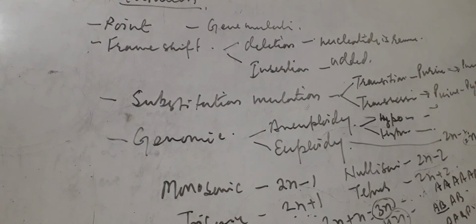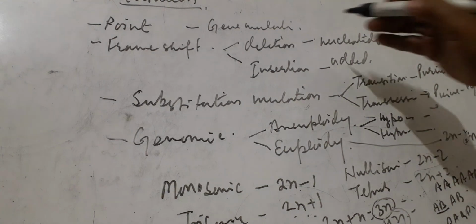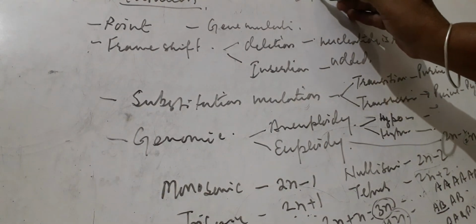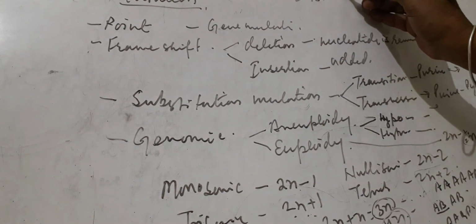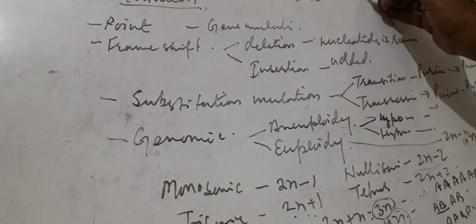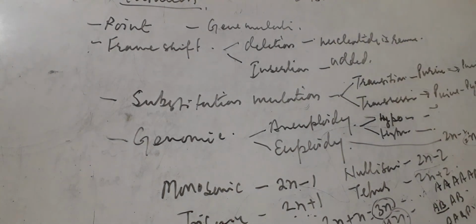They are agents for mutation, that is why they are called mutagens. Some names you have to learn: 5-bromouracil is a mutagen, nitrous acid, x-rays, ultraviolet rays, all radiations are harmful for human beings because they can change genes. So these are the mutagens.